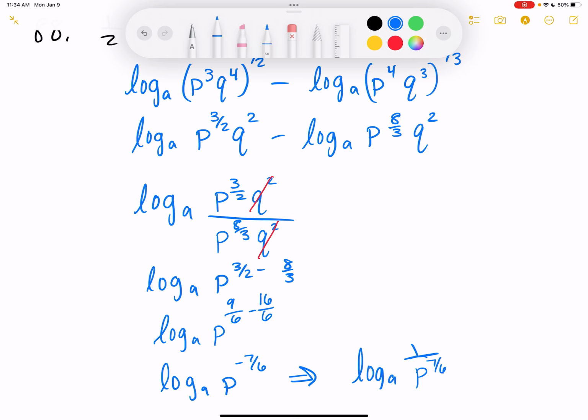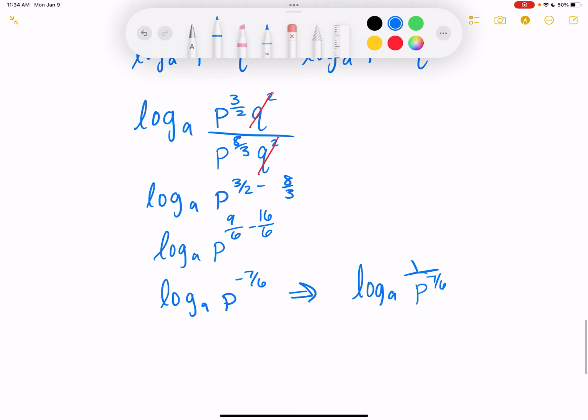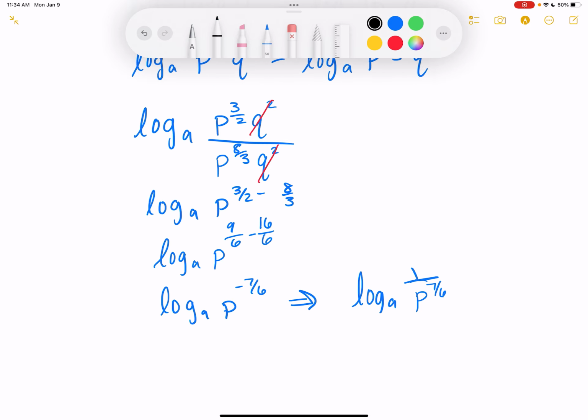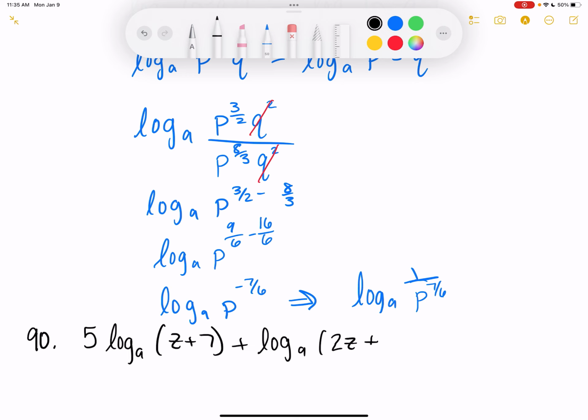All right, one more. Number 90. 5 times log base a of z plus 7 plus log base a of 2z plus 9.